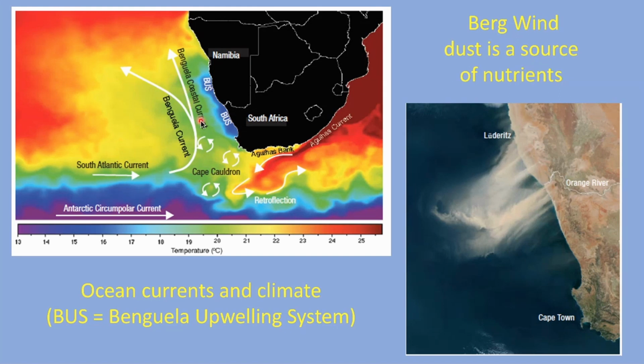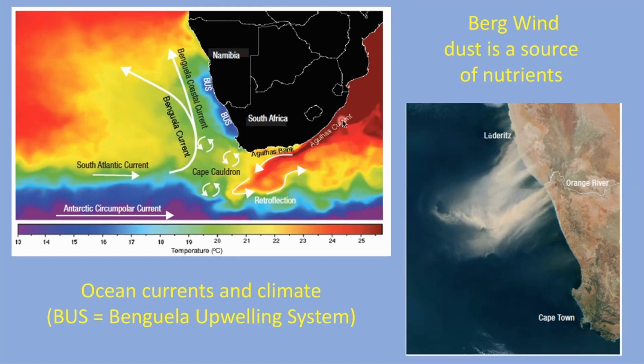There's also a Benguela coastal current, but there's also what's called the Benguela Upwelling System, abbreviated here as BUS, B-U-S. And you can see that this is a real cold fringe along the South African and Namibian coastal regions, with water temperatures on the order of only 13 or 14 degrees, as opposed to 24, 25 degrees for the Agulhas current on the East Coast.